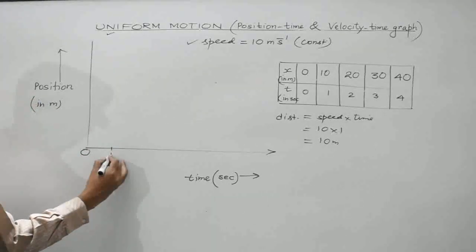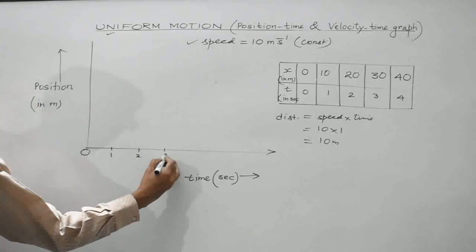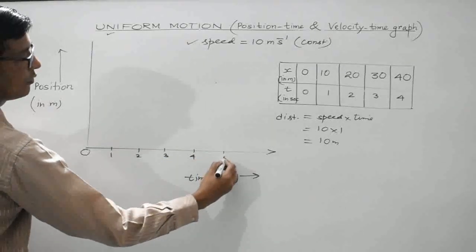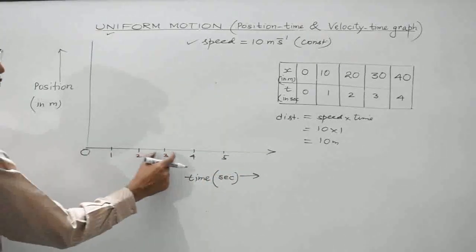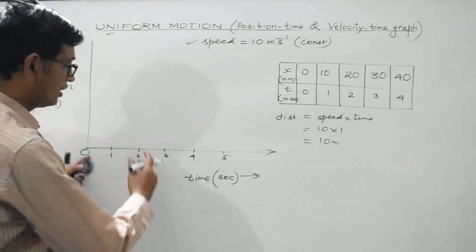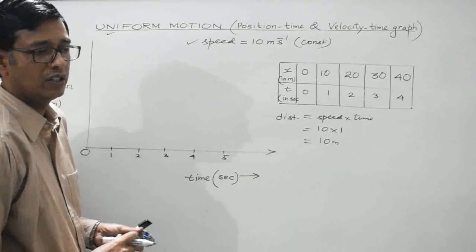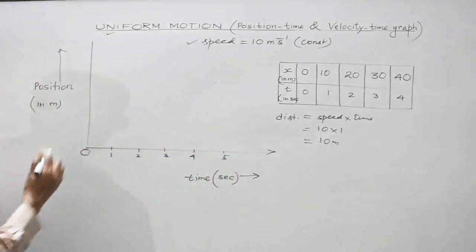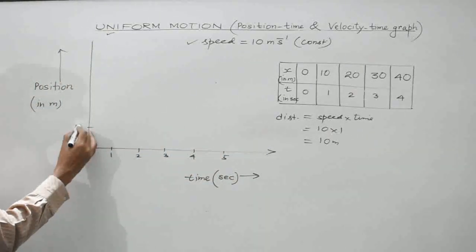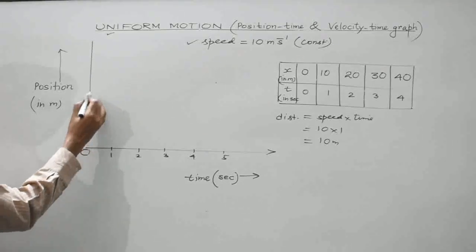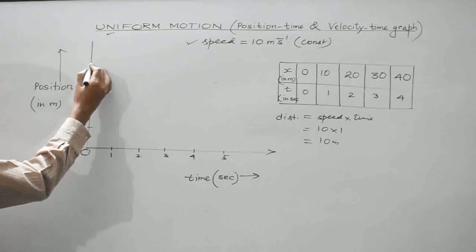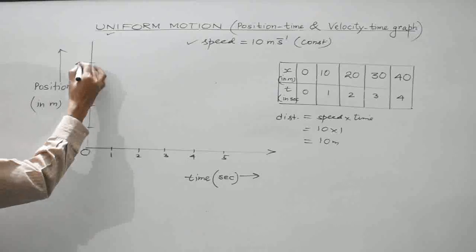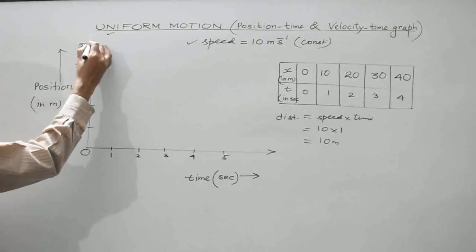Equal intervals of time: 1, 2, 3, 4, 5 and so on. These are equal intervals of time. Ensure the gap between them is equal, or it is preferable to draw these graphs on graph paper. Then suppose it's 10, this 20, again equal intervals, equal gaps, 40 and this is 50 and so on.